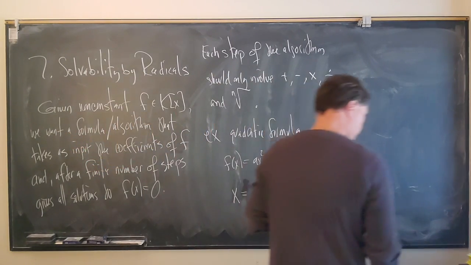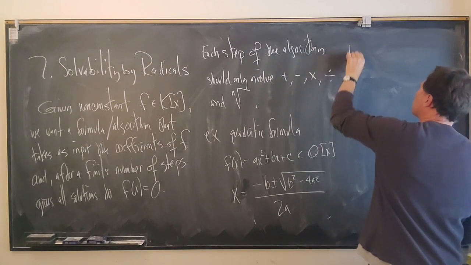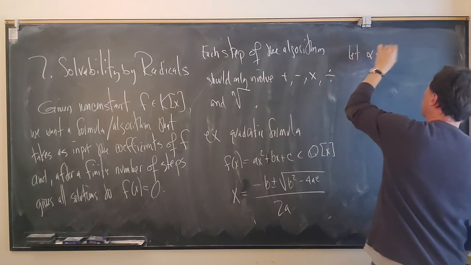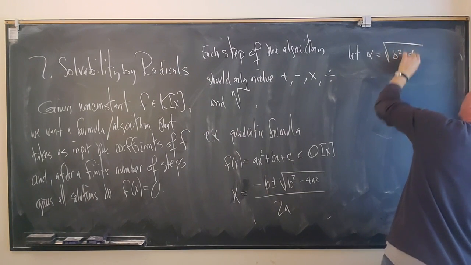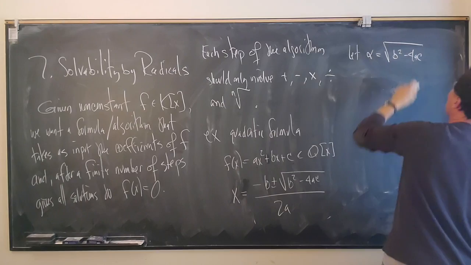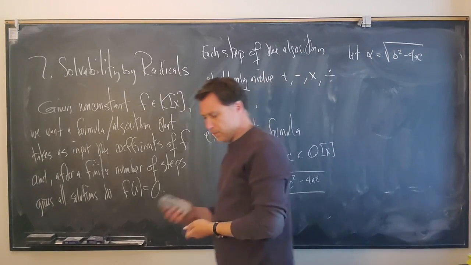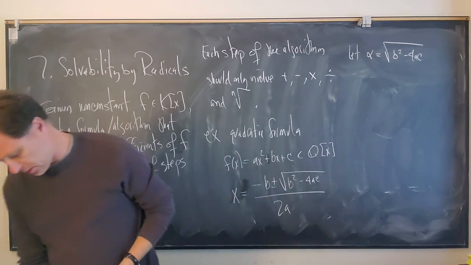Now, let's get a little more explicit here. Let alpha equal the square root of b squared minus 4ac. Now there are two possibilities.